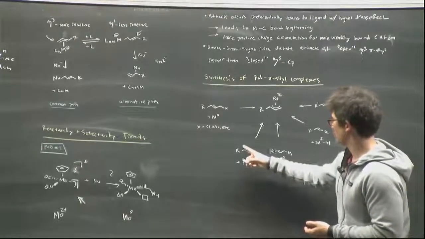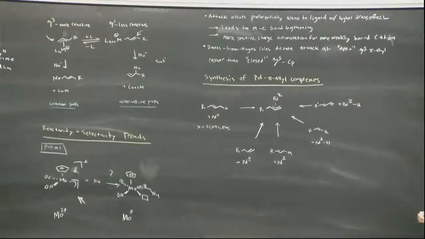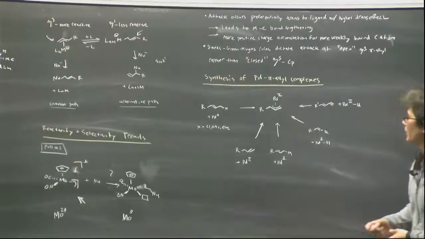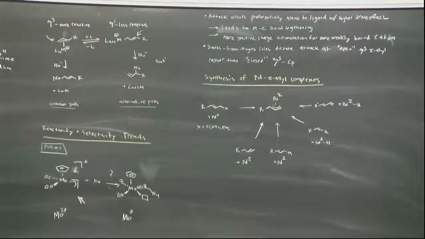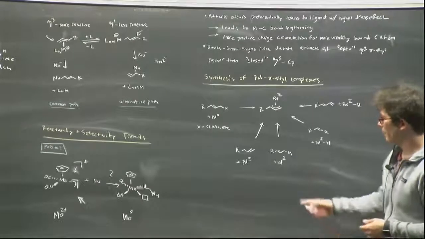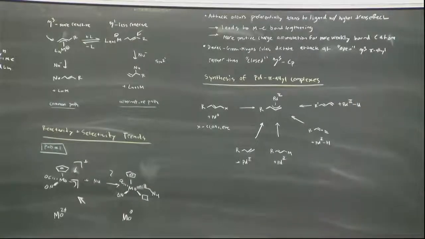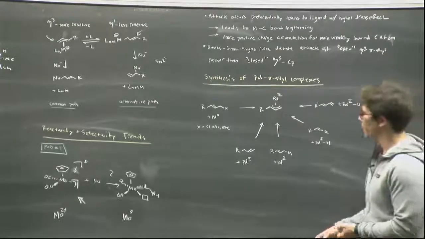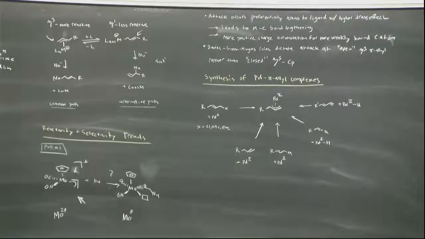When that takes place, the alpha CH bonds are acidified such that a bound acetate or bound internal base can deprotonate to lead to a palladium-2 pi-allyl. And industrially, this process is important because it's how allyl acetate is generated: propylene plus palladium-2 plus acetic acid. Very efficient, done on large scale.